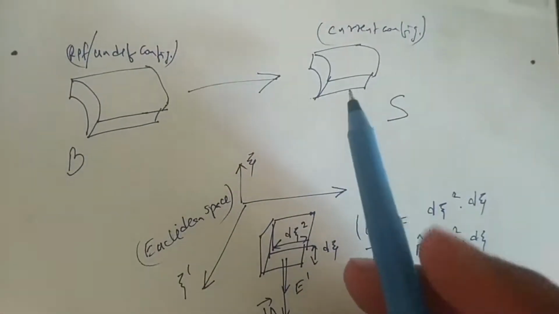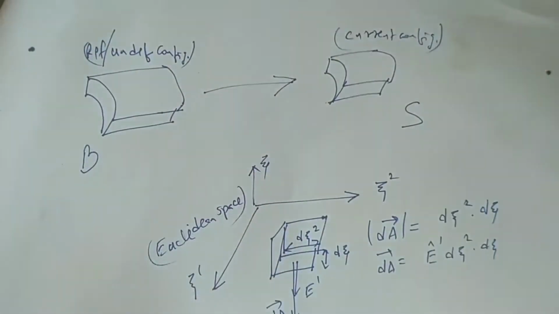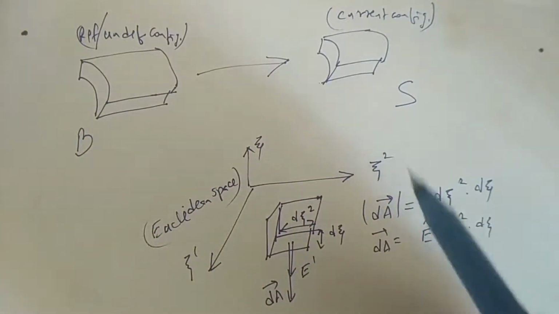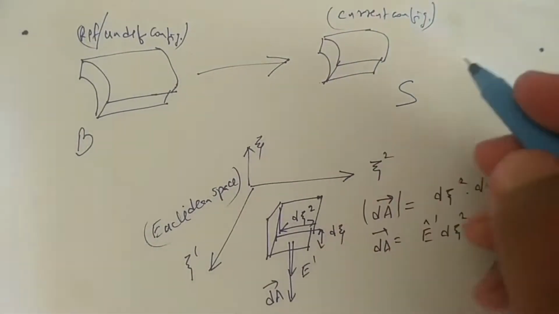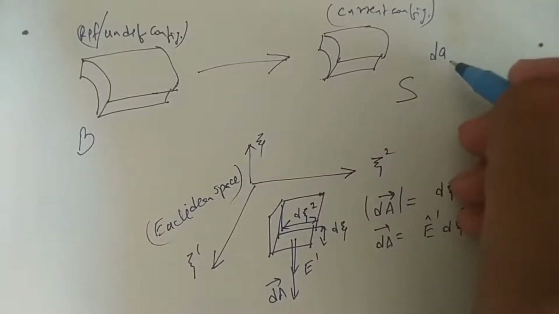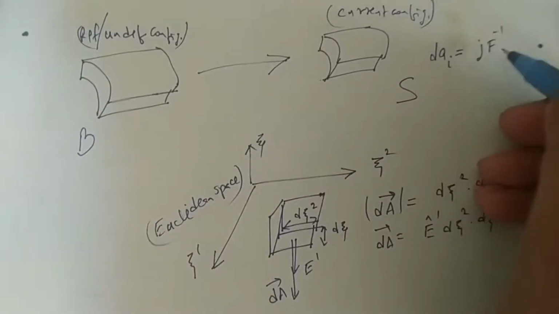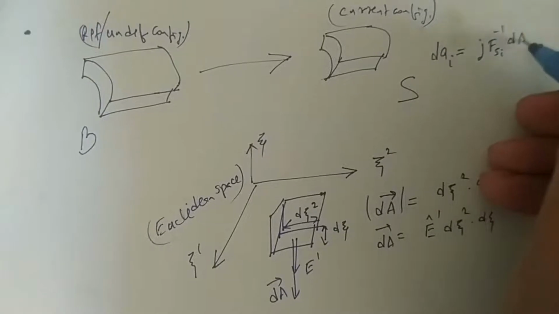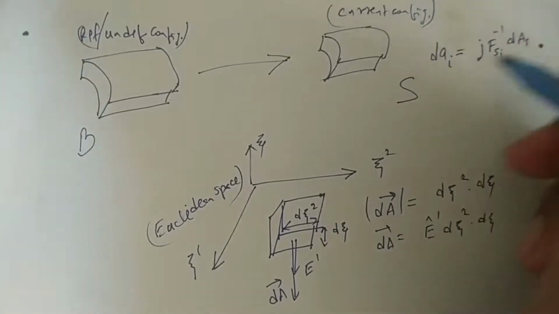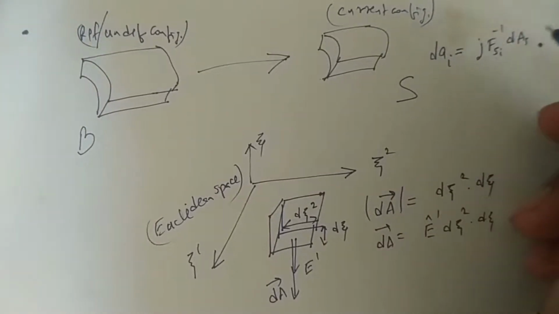Now we want to write the expression of dA vector in the current configuration in terms of this dA vector. There is a standard formula from continuum mechanics: da_i is equal to J F inverse S_i dA_S in indicial notation, and in vector or matrix notation this is J F inverse transpose dA_S.